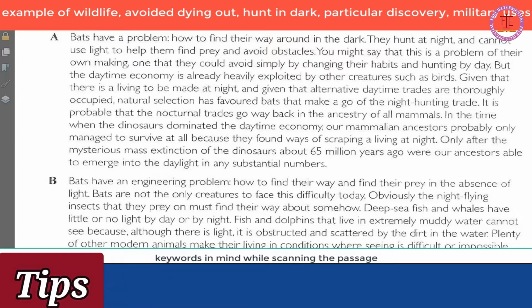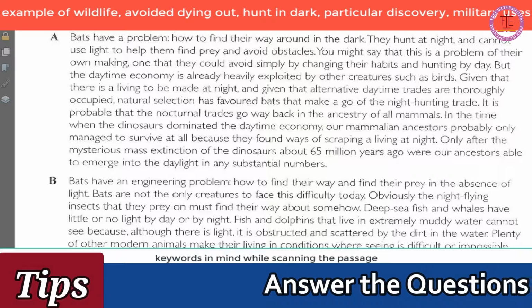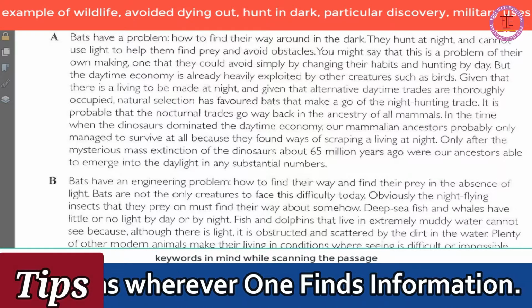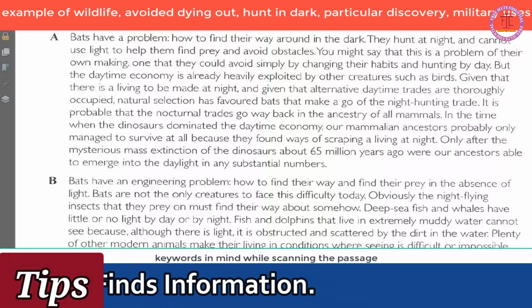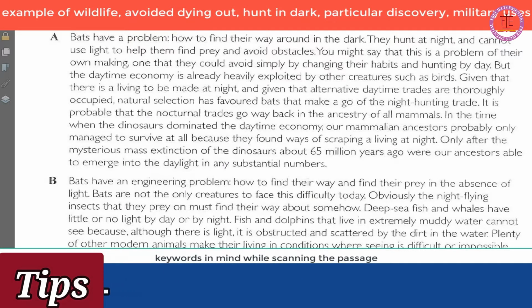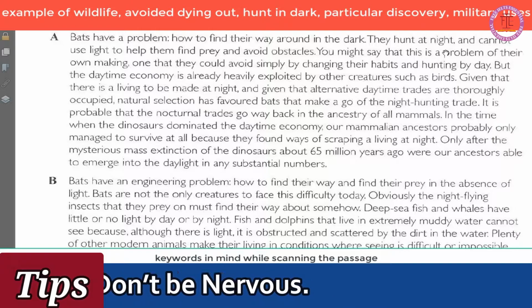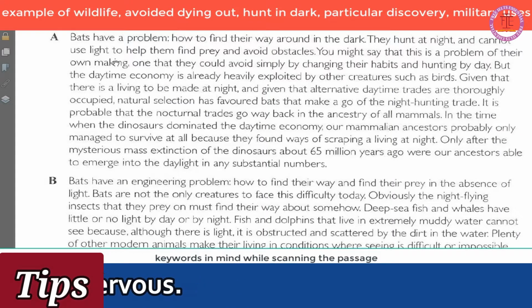So let's begin. Bats have a problem: how to find their way around in the dark. They hunt at night and cannot use light to help them find prey and avoid obstacles. So in the first 2 lines you can find the information, hunting at night, and they cannot use light.